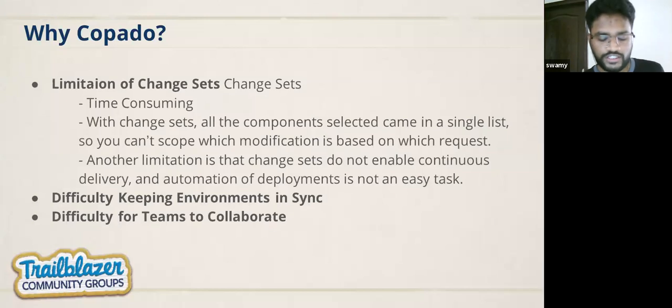So I have made changes for myself and the other team has made their changes. When we deploy to the QA environment, there wouldn't be any sync. It might be possible that I deploy first, then he deploys the same components. He will overwrite all the coding that I have done so far. So what will happen? My code will be erased and his code will be there.